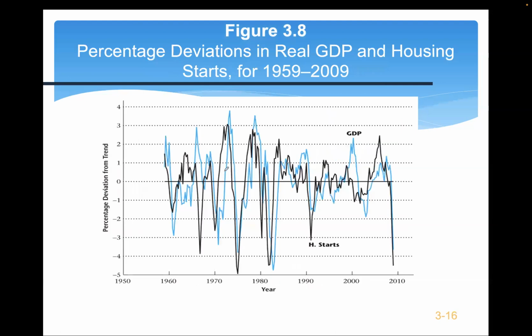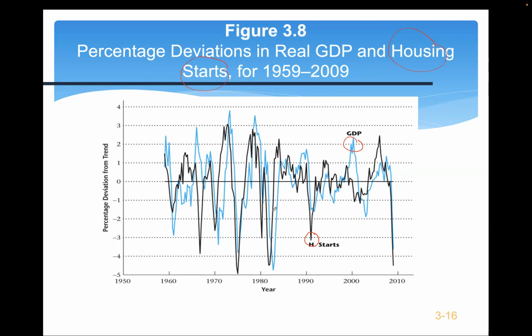Now we look at the next one, housing start. Housing start is essentially how many houses have been started to build. Now again, we can see these two are correlated. Oh, by the way, the black line is housing start. The blue line is GDP. Clearly, they are positively correlated.